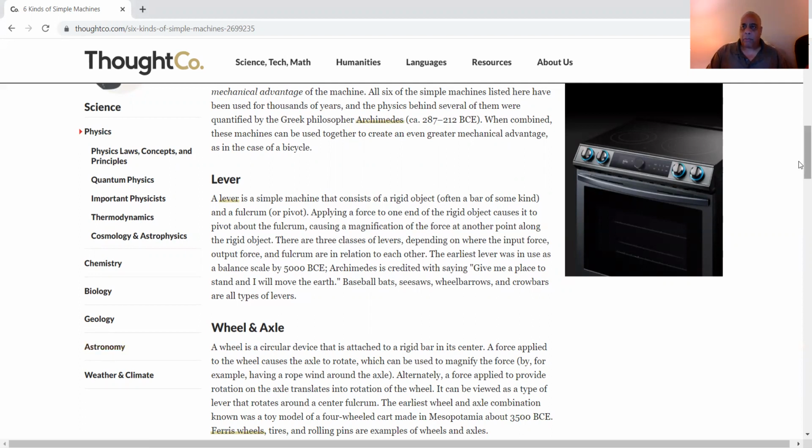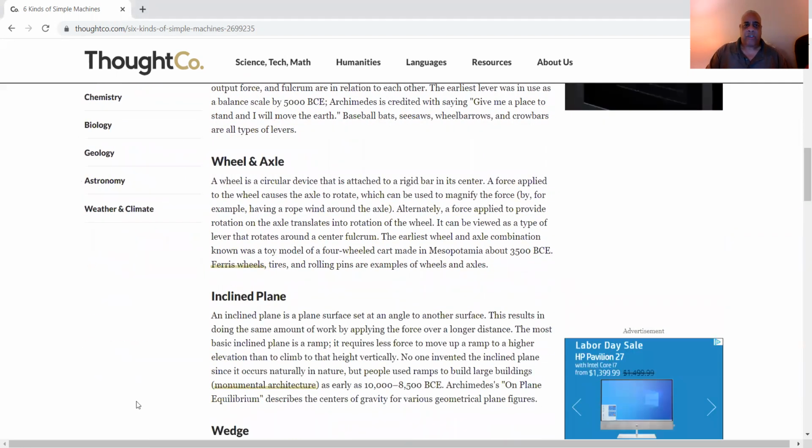Now, my next simple machine that I'm going to briefly discuss is the wheel and axle. A wheel is a circular device that is attached to a rigid bar in its center. Force applied to the wheel causes the axle to rotate, which can be used to magnify the force, for example, by having a rope wind around the axle.